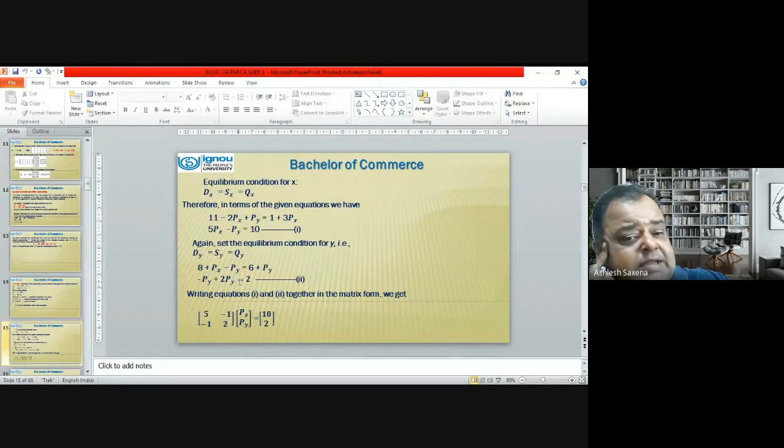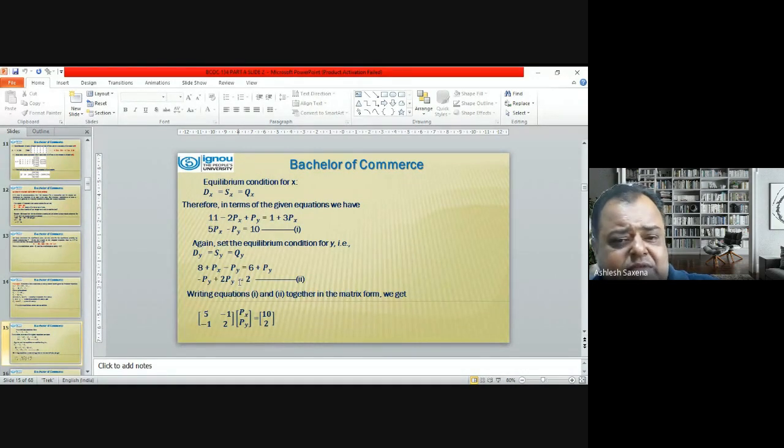Now we will consider Dy equal to Sy is equal to Qy. Similarly, we will write 8 plus Px minus Py equal to 6 plus Py, which will be minus Px plus 2Py equal to 2.